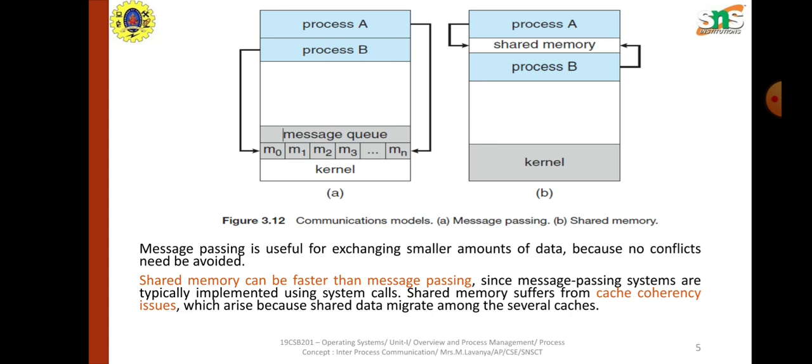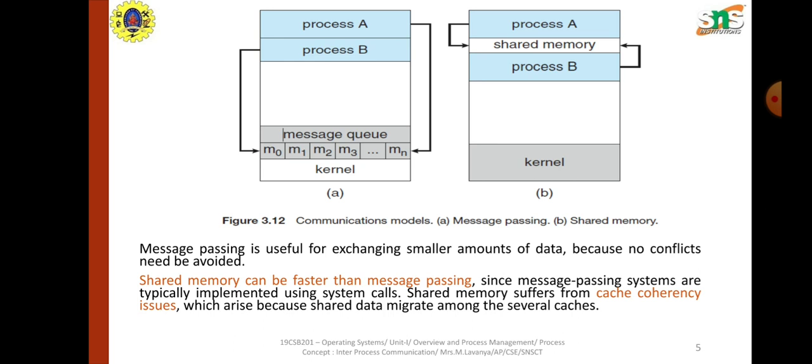The shared memory is comparatively faster than message passing, because if data is to be transferred by message, a message should be initiated by a process and it should reach the other process. After that only, the data can be used by the requesting process.